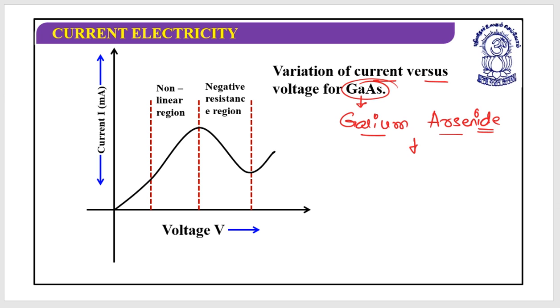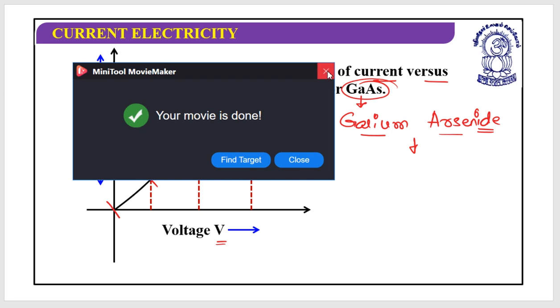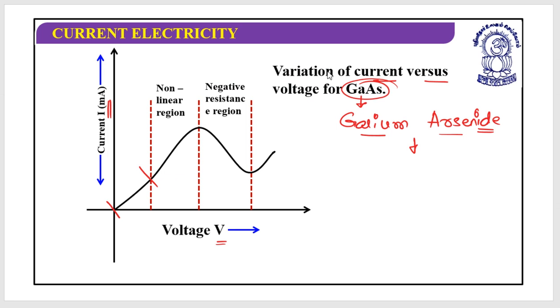But when I plot the characteristic of voltage versus current for gallium arsenide, you can see that from here to here it approximately matches Ohm's law, but from here to here is the non-linear region which cannot be explained according to Ohm's law. Another is a negative resistance region.